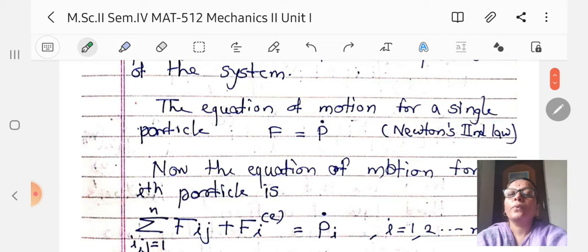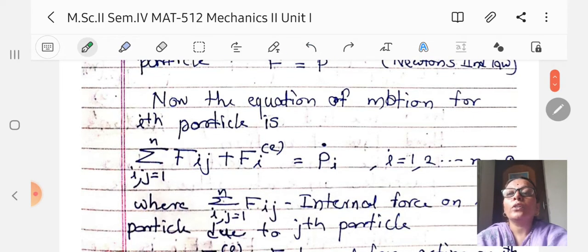The equation of motion for a single particle, we know Newton's second law, that is F equal to P dot. For the equation of motion for the ith particle, suppose the system is of n particles.